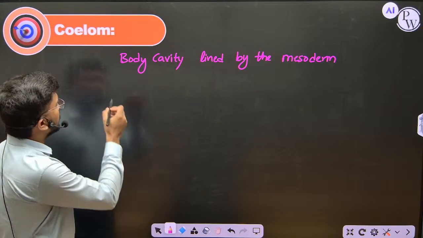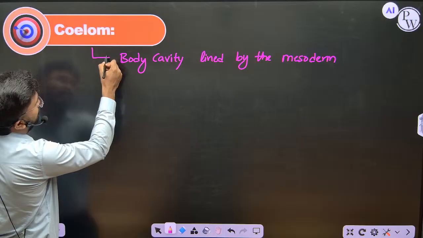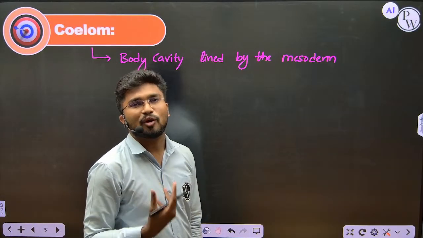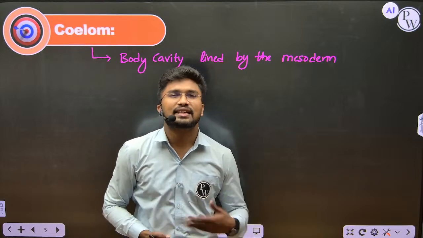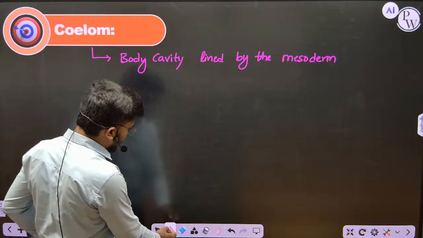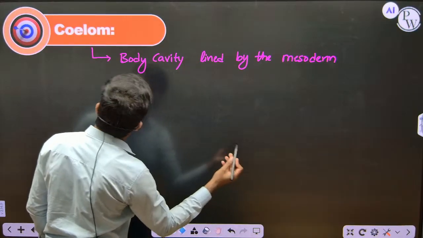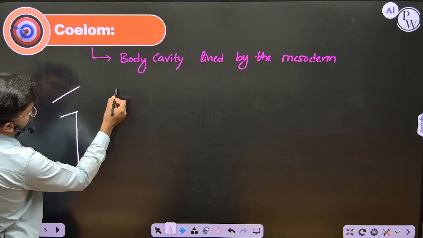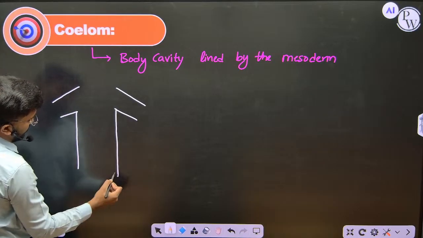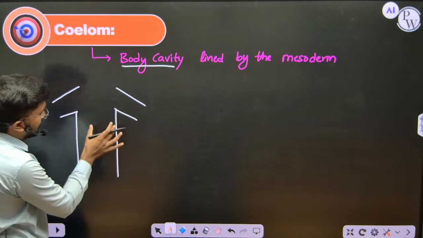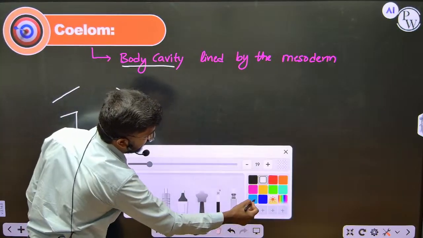So we understood the definition of coelom. Now, what is the purpose of coelom? Why does our body require it? What is the necessity of having a coelom? Imagine this is our body, and coelom is the body cavity. What is the purpose of having the cavity?